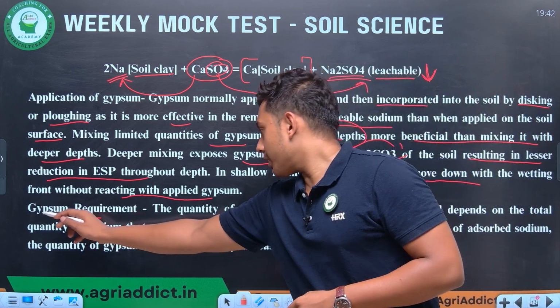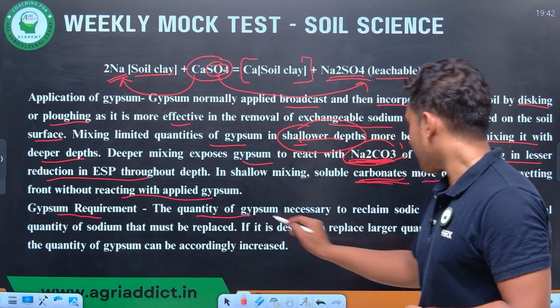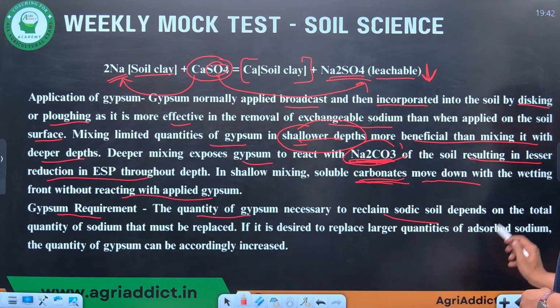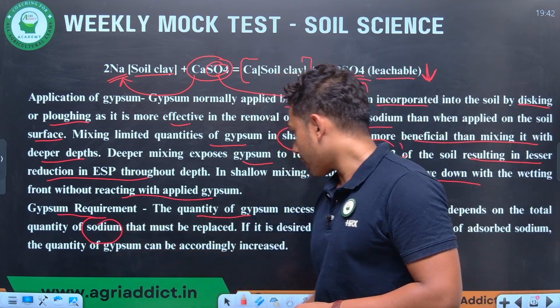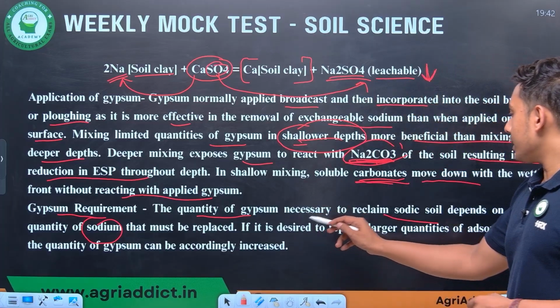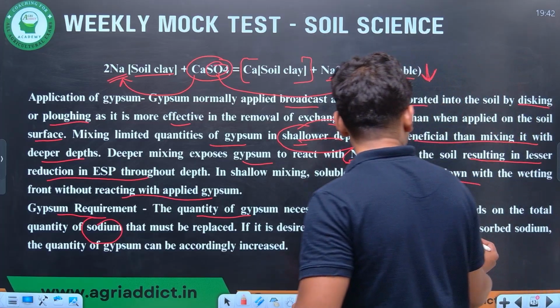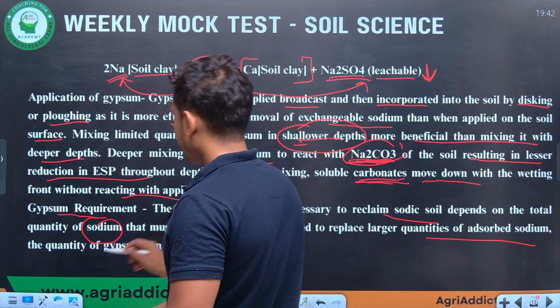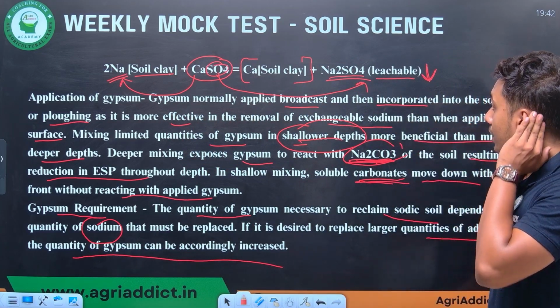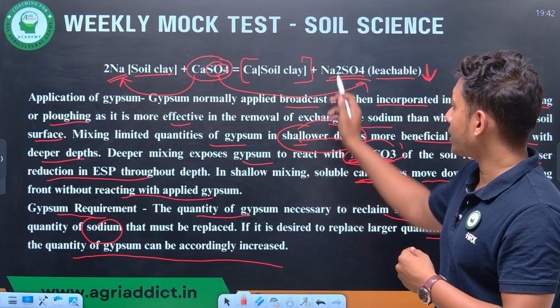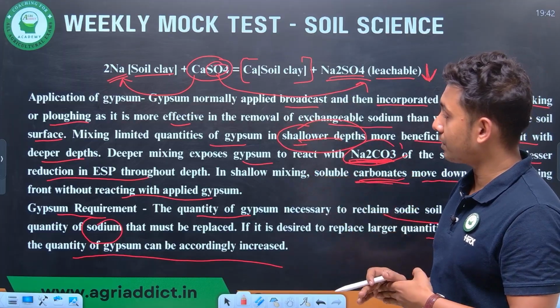And what is gypsum requirement? It is the quantity of gypsum that is necessary to reclaim sodic soil. It depends on the total quantity of sodium present in the soil. If it is desired to replace larger quantities of adsorbed sodium, then the quantity of gypsum can be accordingly increased. These are the gypsum requirement equation and the application of gypsum.